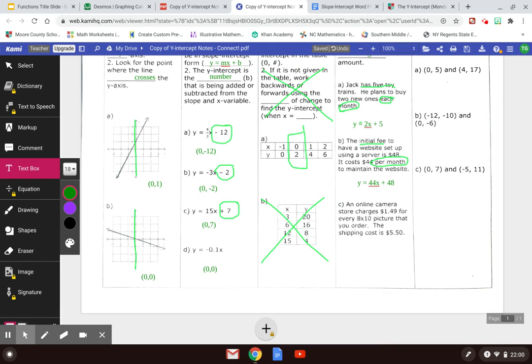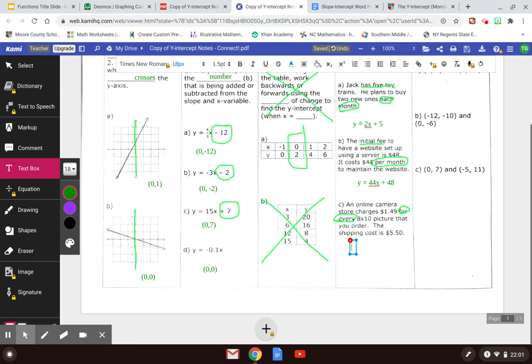And then our last one here says an online camera store charges $1.49 for every. So there again, for and every indicate change. For every 8x10 picture that you order. And then it says the shipping cost is $5.50.